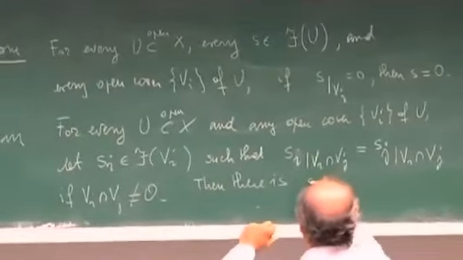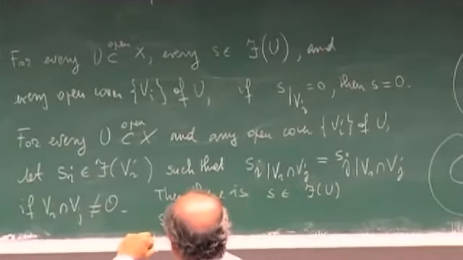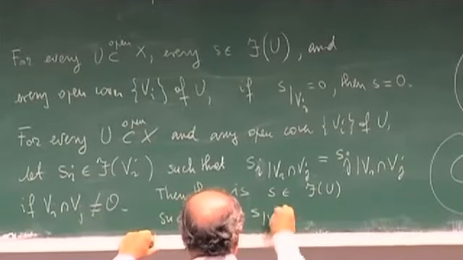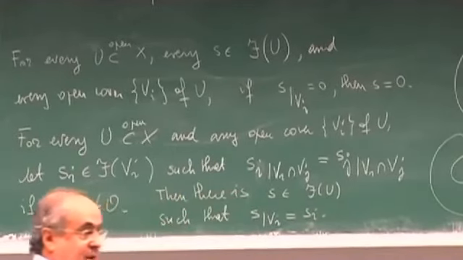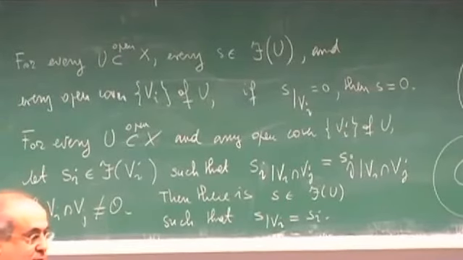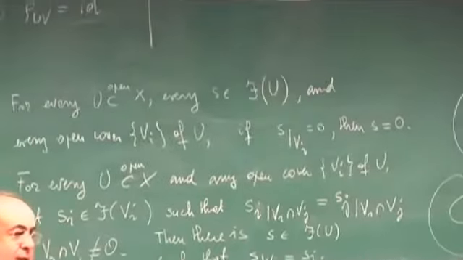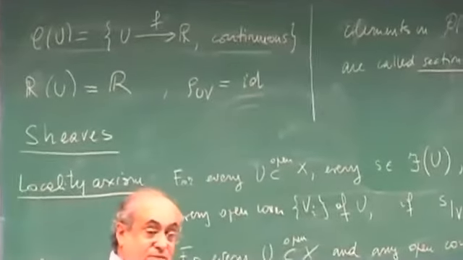Then there is a section over U such that it restricts to the given Si. So sections may be glued provided they satisfy a gluing condition. It may seem to be stupid, but I invite you to check that the second pre-sheaf we introduced does not satisfy this condition.